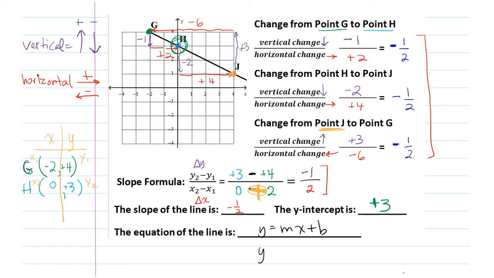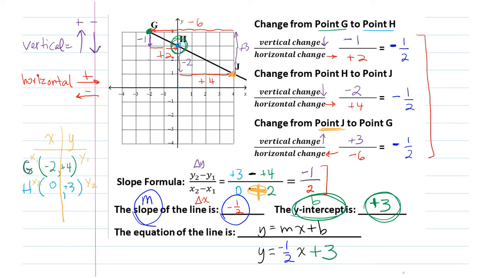And whenever we write our equation, we always want y equals something. Our m, slope, is negative 1/2. And b is our y-intercept, which we just said is positive 3, so I want to put plus 3.